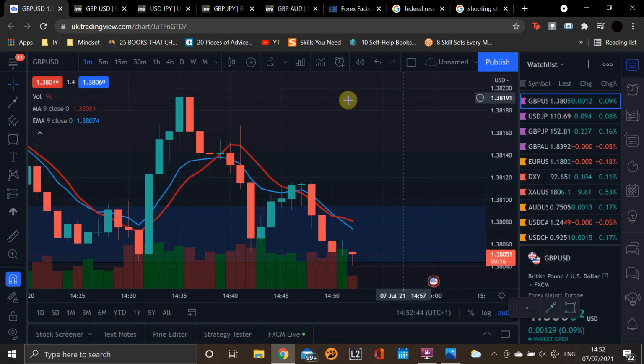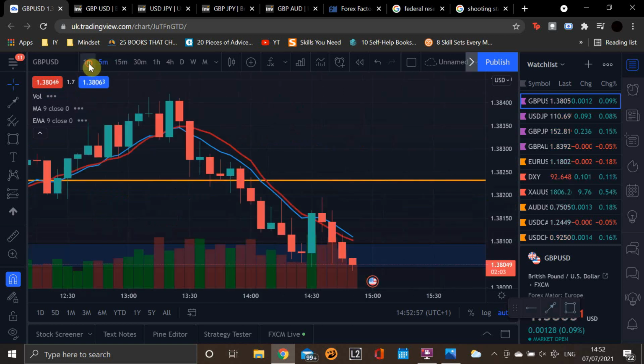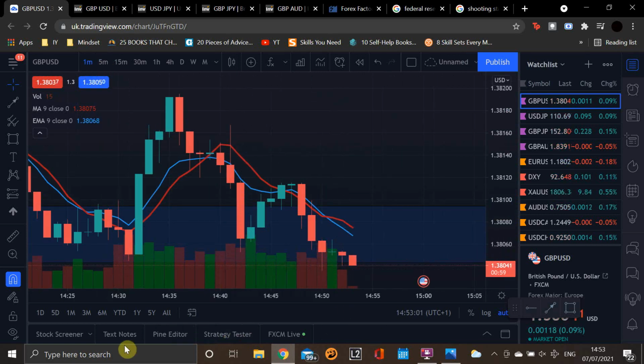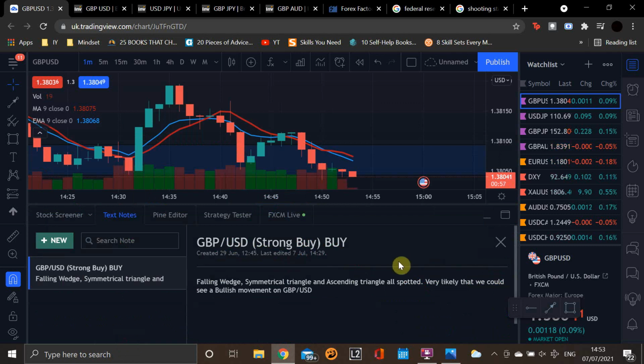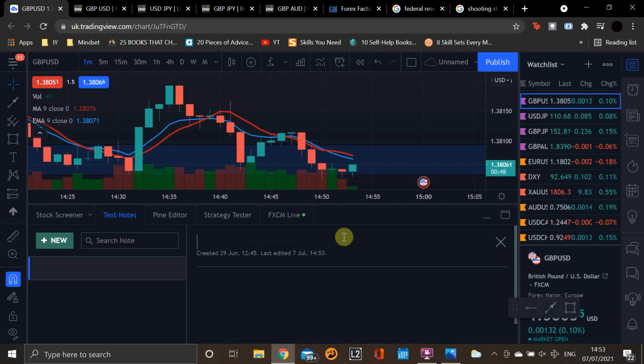GBPUSD, it's also being funny. You know what I could do? I could ride it to the downside. I think it's definitely trying to retouch this trend line. So I could put a short sell for the downside. Let's get rid of these notes, because I know they say have a bias, but sometimes the trade can reverse on you.